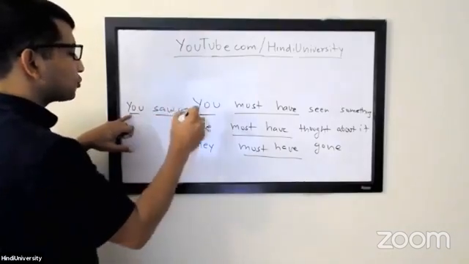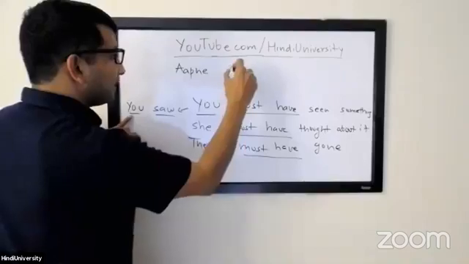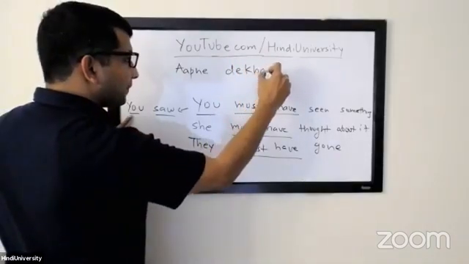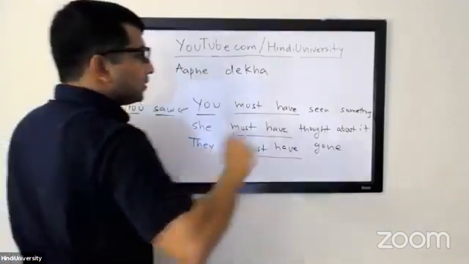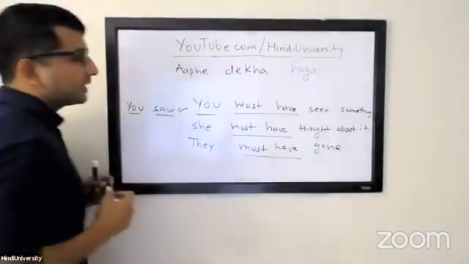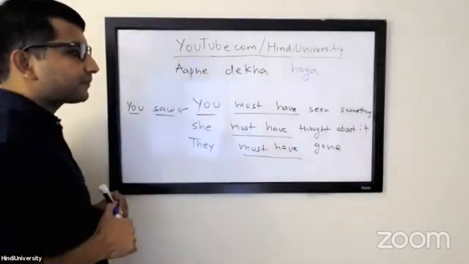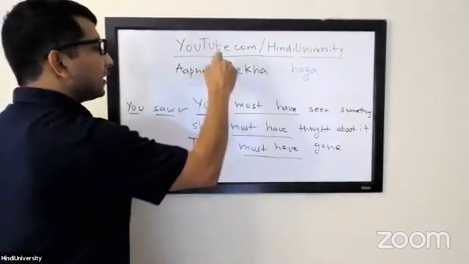Kelly, you saw. Oh, I'm sorry. Okay, aapne dekha. That's how you will say it, right? All you have to do here is you will say aapne dekha hoga. That's it. You must have seen something. And because it's something, you can say aapne kuch dekha hoga.